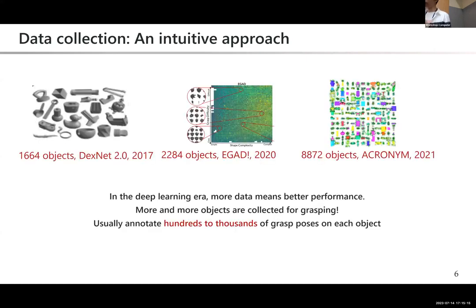For data collection in robotic grasping, an intuitive approach is that in the deep learning area, more data means better performance. So people just collect more and more objects and usually annotate hundreds to thousands of grasp poses for each object.